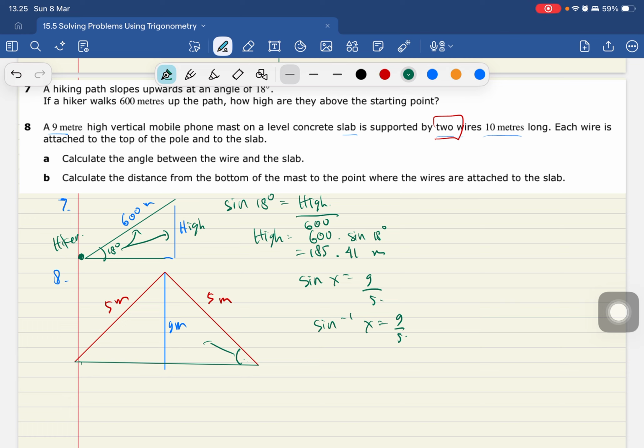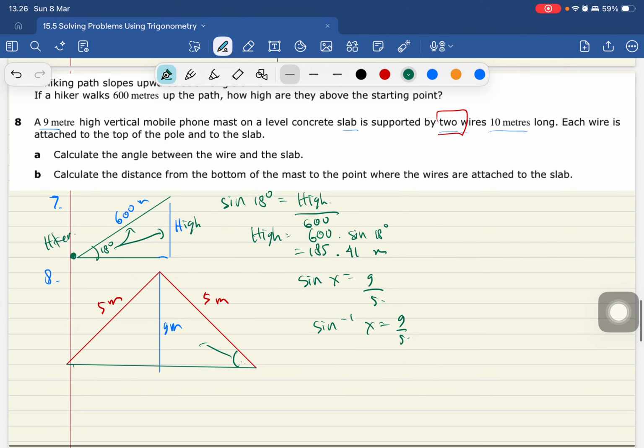Where's the inverse? I don't think I have that inverse. Yeah, we need to use the sine inverse.